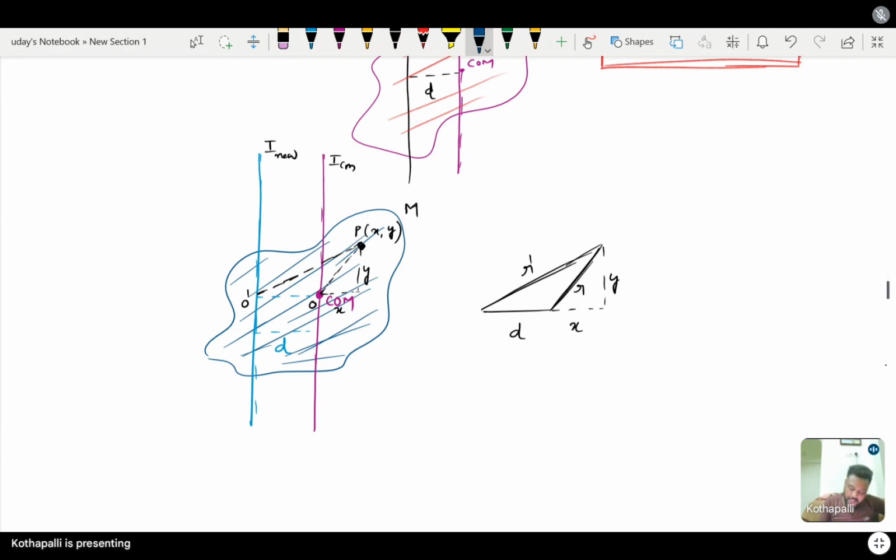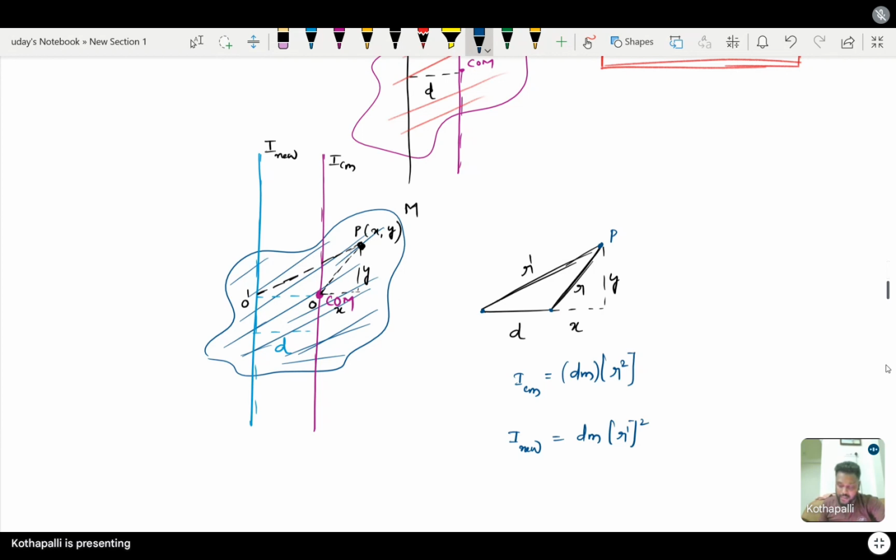So moment of inertia about center of mass of that point mass is dm into r square, isn't it? அப்படியே moment of inertia about that new axis, if you see, is dm into r dash square, isn't it? Because perpendicular distance to the point p where dm is present from the new axis is r dash and from the original center of mass axis is r.